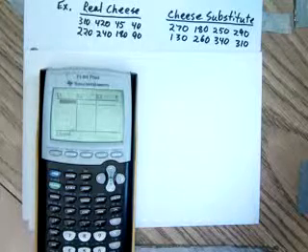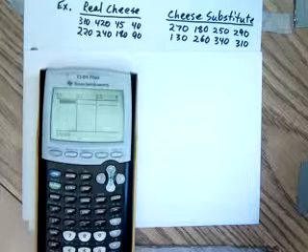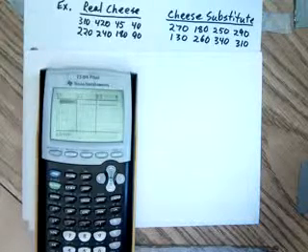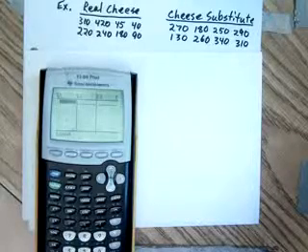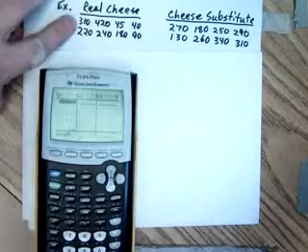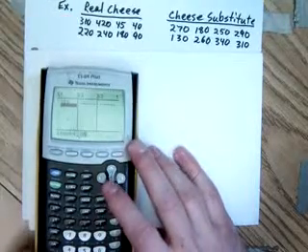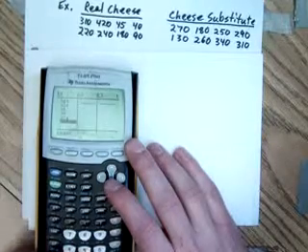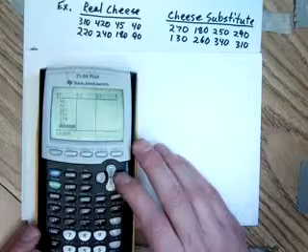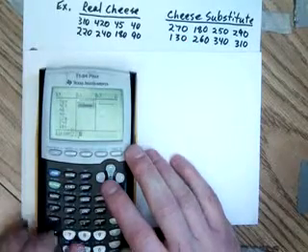What we're going to do right now is graph two box plots on the same scale, okay? And so to do that, we're going to put one set of data in L1 and another set of data in L2. So let's start with the real cheese, and let's do 310, 420, 45, 40, 220, 240, 180, and 90.